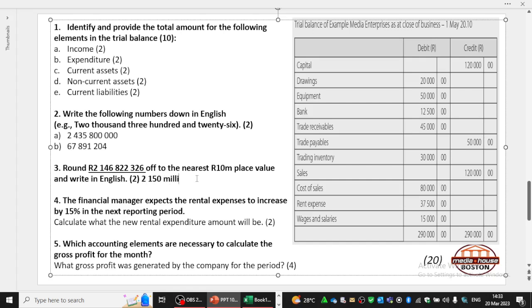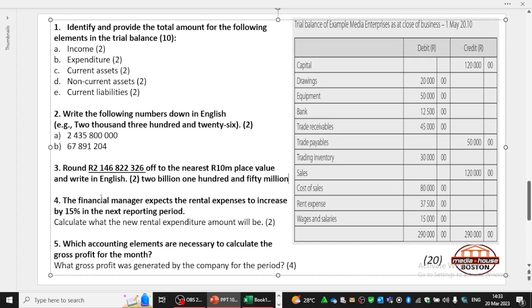So let me just write it with you guys so that you don't get to write the incorrect answer. So it will be 2 billion 100 and 50 million.